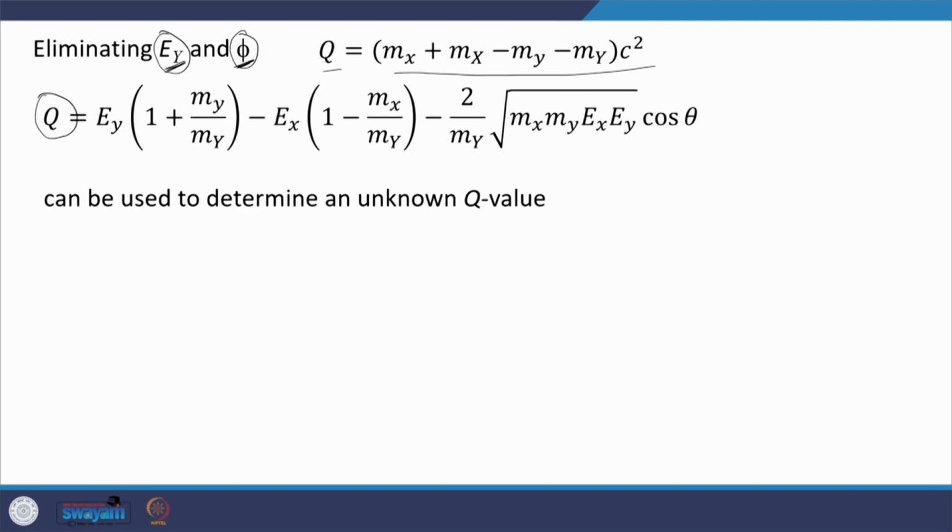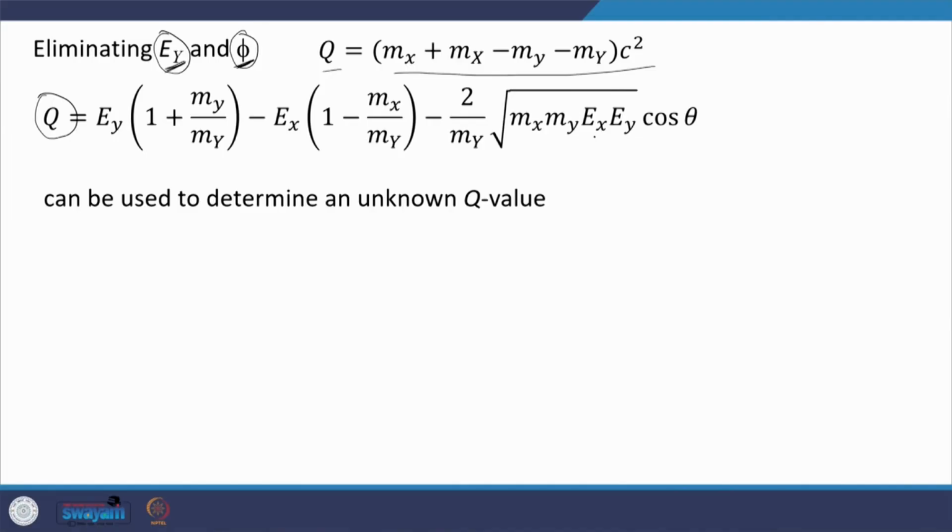And this equation can be used if the Q value of the reaction is not known. If we know the masses of all the entities in a nuclear reaction, one can easily get the Q value, but if we do not know the mass of the product nucleus capital Y, how can one determine the Q value of the nuclear reaction? So, this is a formula which helps us to calculate the Q value of nuclear reactions. Alright. What are the quantities required?